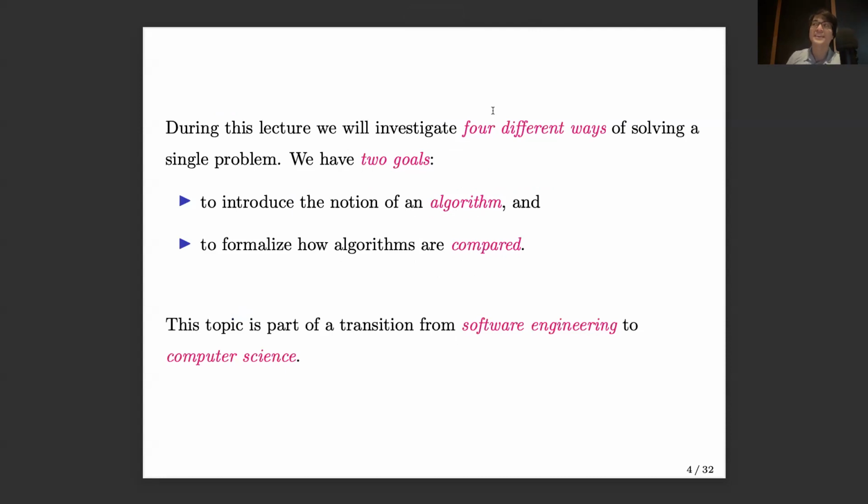And then we want to ask the question, which of them is the best? Which requires us to talk about what it means to be an efficient algorithm, beyond just timing it, which comes with its own baggage. So really, we are now talking about the transition from software engineering to computer science.